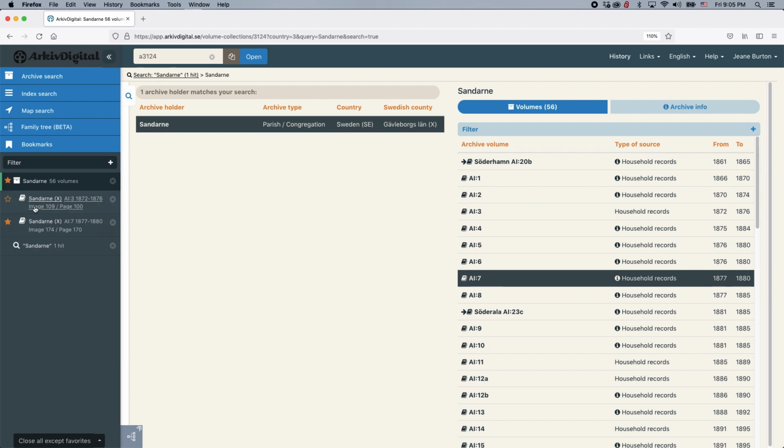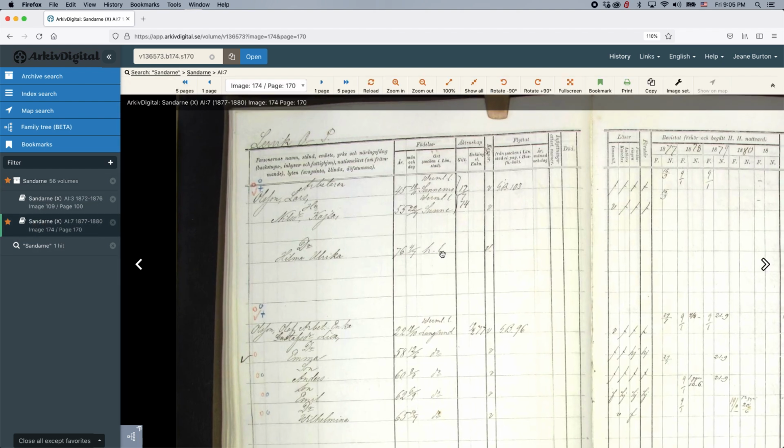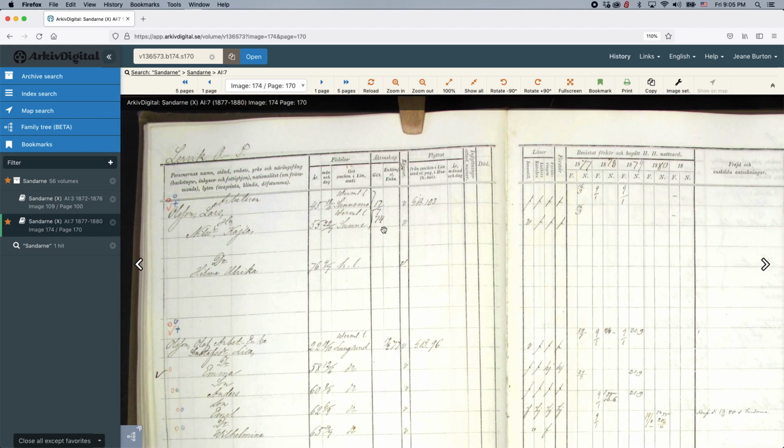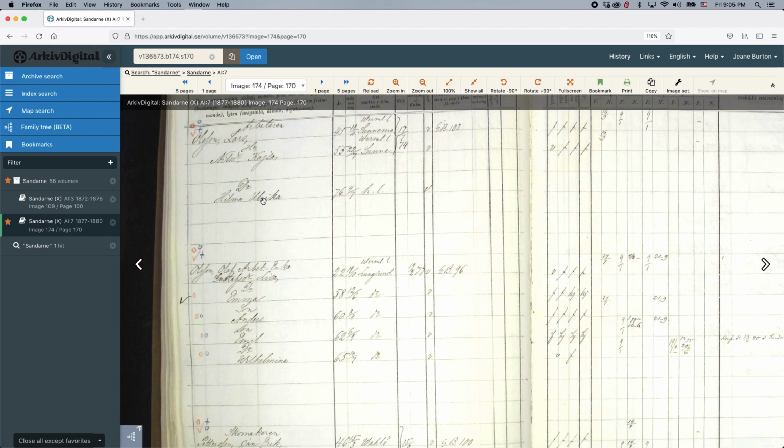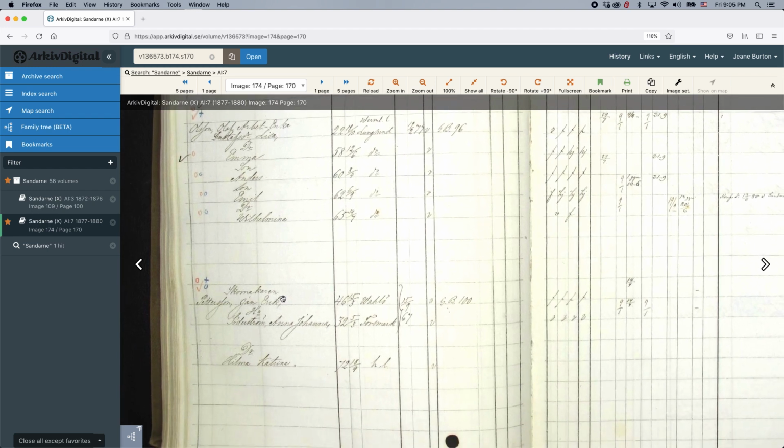Going there, we would find this page on page 170, and keep looking down the page, and there's our family, the Skolmakaren, Jan Erik Peterson, and Anna Johanna, and Hilma Katrina. We'll continue searching for this family through each of the household records until all the people have died or until we've run out of records. The closer we get to the mid-1900s, privacy laws restrict the household records. That time period is different depending on different locations.